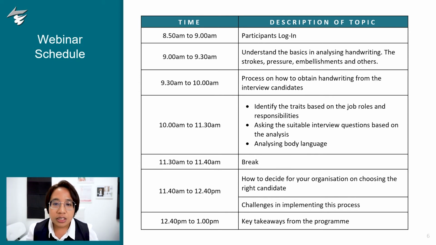So we will look at how to decide on choosing the right candidate. Deciding has a lot of factors, which we will look into, and also the real challenges you would expect when implementing this process, for example when obtaining this handwriting from your candidates.